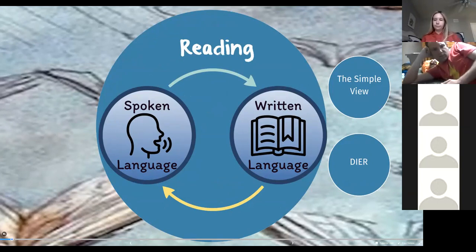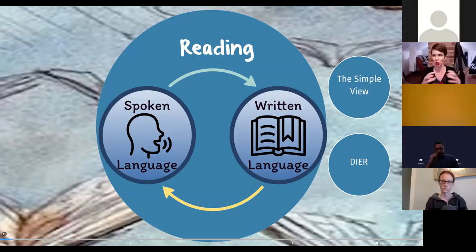So reading comprehension is language in the written language modality, and there's this reciprocal relationship. So spoken language supports written language comprehension, and then as individuals develop in their written language abilities, that also then supports spoken language abilities. So spoken language and written language are these two really tightly nested skills and abilities.